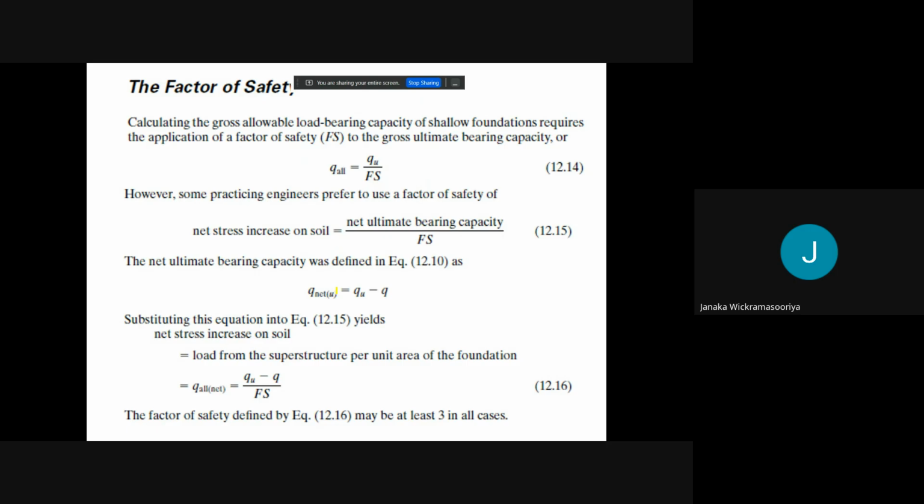These are the equations for the factor of safety. Actually, we have used these already. Allowable stress is equal to the ultimate stress divided by the factor of safety. Or else you can take the factor of safety as ultimate divided by allowable.